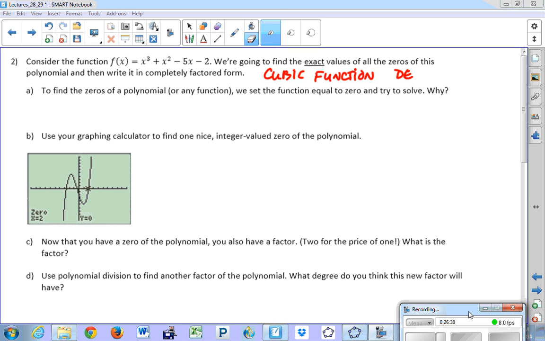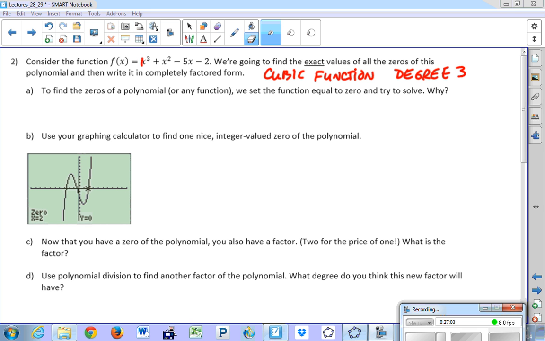Its degree is 3. So before I even start, how many linear factors, if I wrote it all out without any exponents, how many linear factors will I have? 3. How many zeros will I have? Real and non-real? 3. Okay. What's my leading coefficient in my polynomial form here? 1.